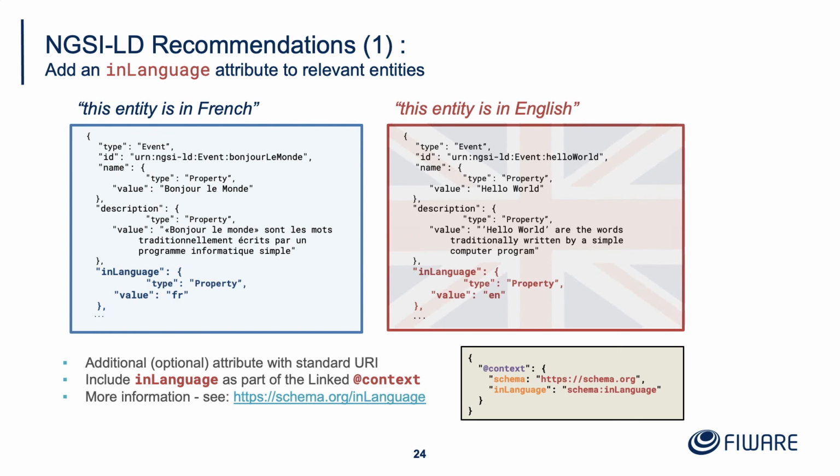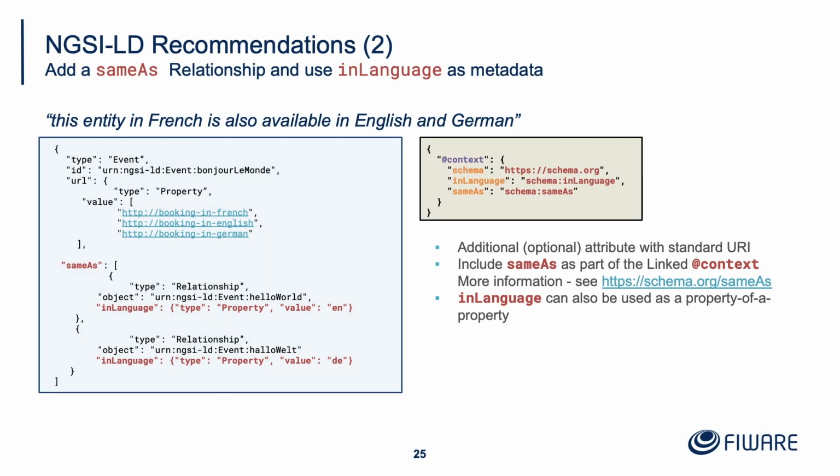external systems will be able to read that in as saying this is in French, this one is in English. You can obviously move that to a subproperty of a property of a property, and it could equally go to a property of a relationship. So if you have an entity which is in French, also available in German and English, you would add a same as.